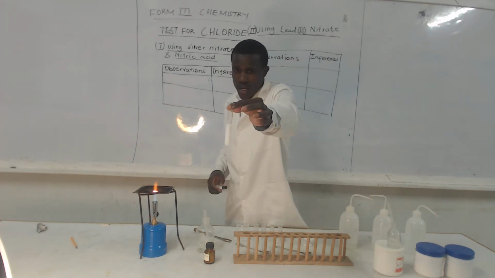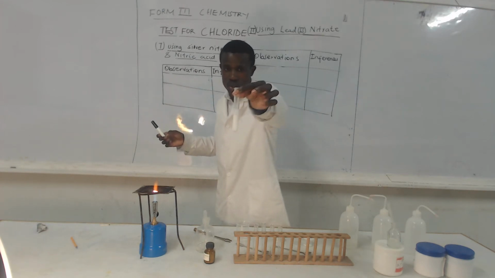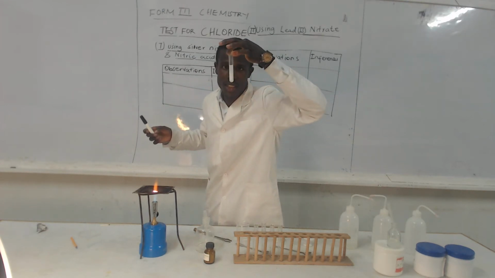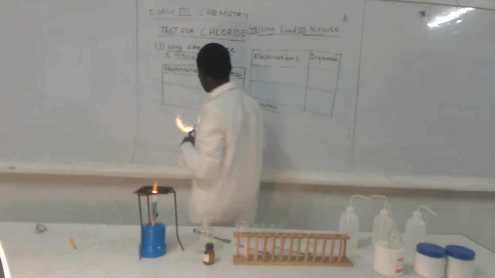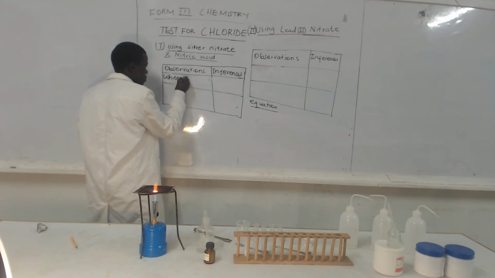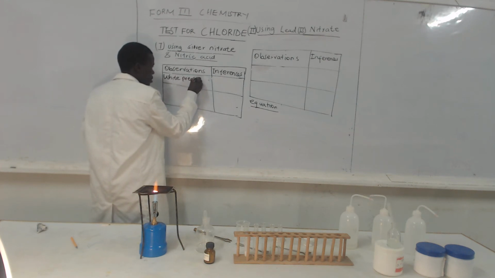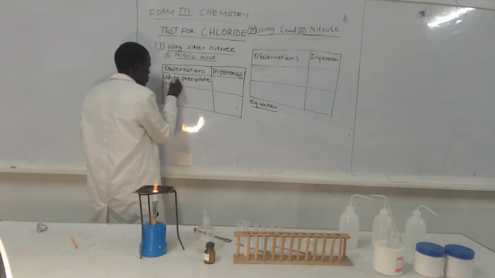So you will record your observation in the table. As you can see, we have a white precipitate formed. So you write white precipitate is formed.